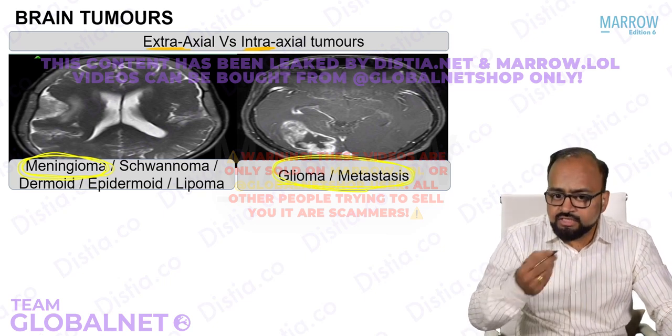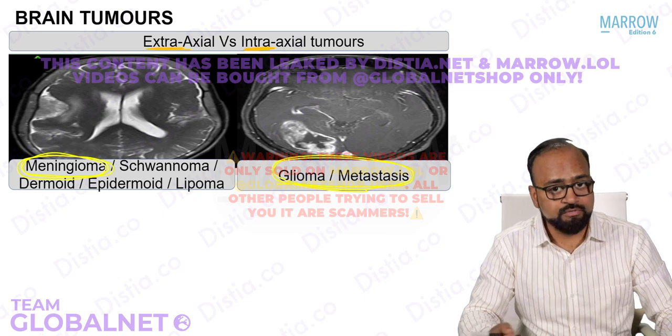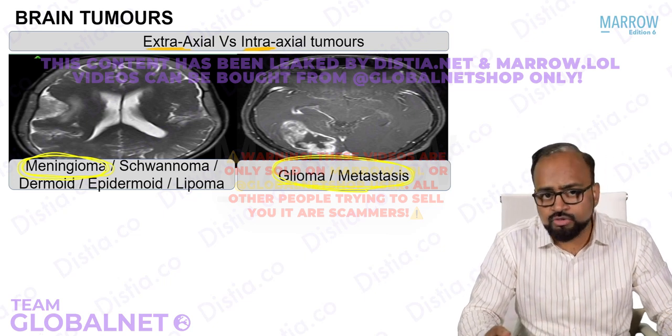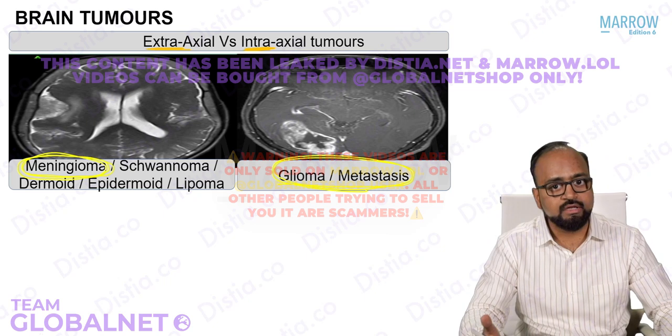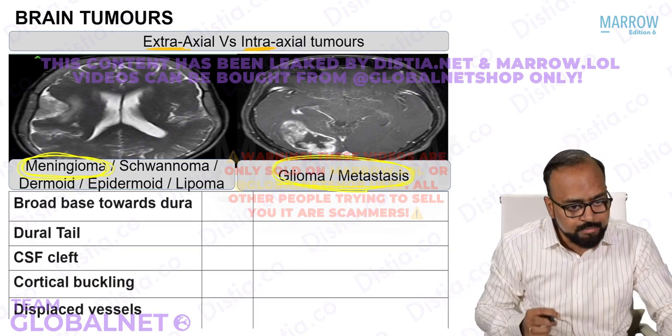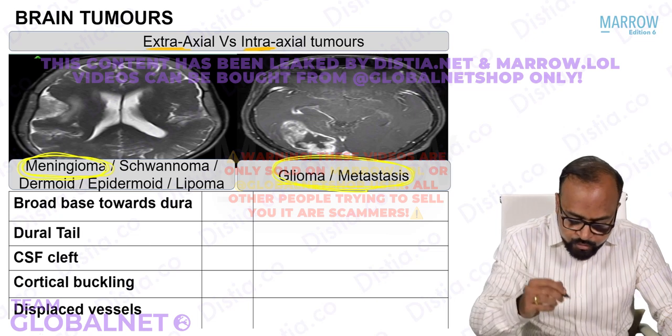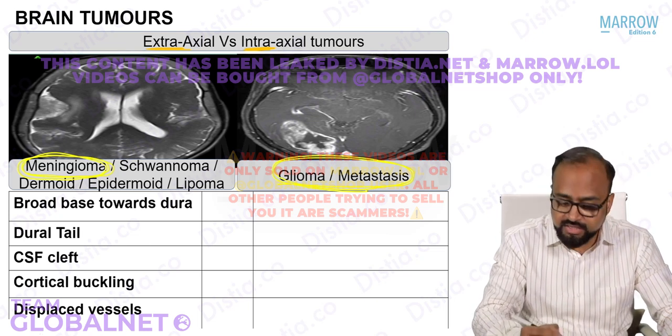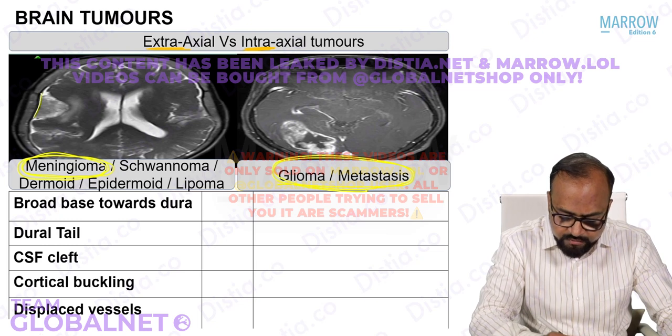Now, there are certain ways in which we can try and distinguish between extraaxial and intraaxial tumors. Though it appears to be simple, it is not always simple clinically, because there can be a significant overlap between them. But some criteria have been established. Let us look at a few criteria. A meningioma or an extraaxial lesion will always have a broad base like this towards the dura.